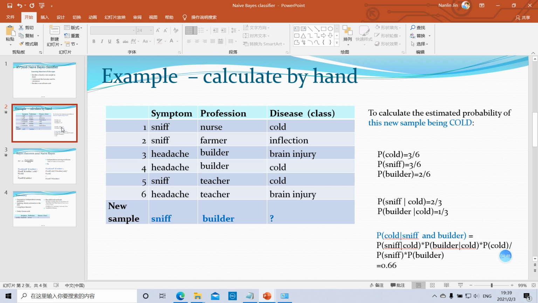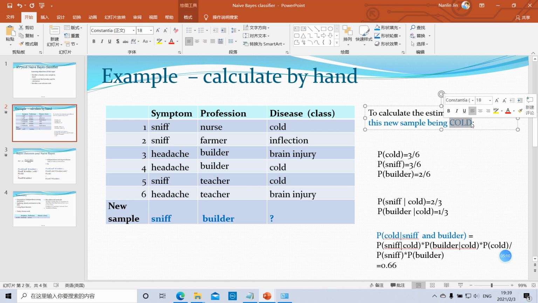Okay, the first step to use a naive Bayes classifier is to calculate the probability of the related class and the features. So here in the first section, you can see I calculate the probability of cold, because this is the class we are going to calculate.